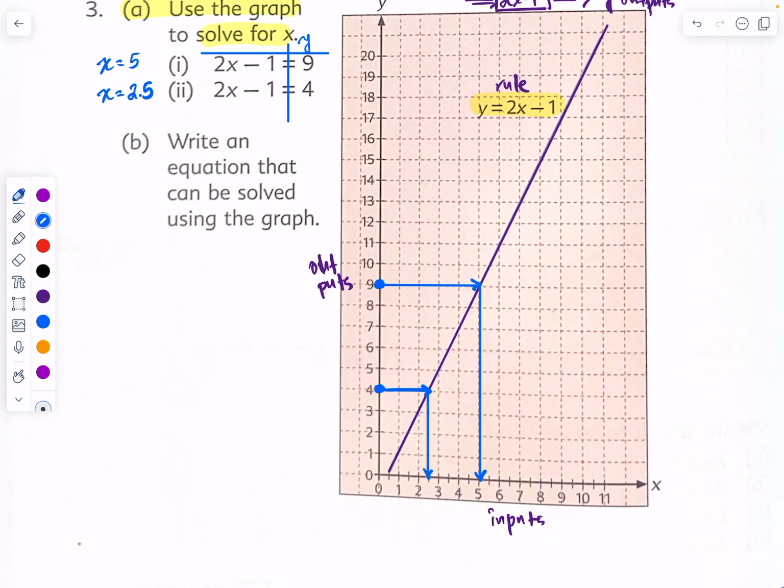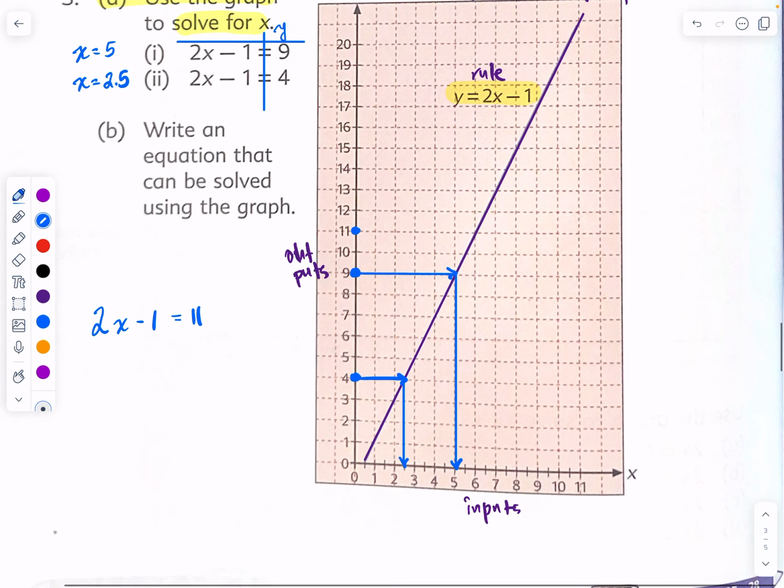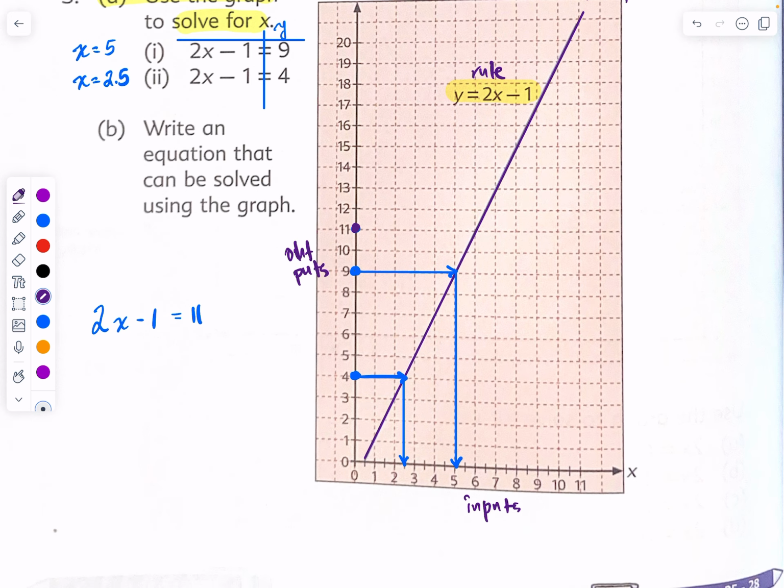Write an equation that can be solved using this graph. Well, we know the rule is 2x minus 1 equals, well, which possible values of y? Let's say maybe 11, right? So let's solve it. Let's pick up a different pencil. This is our 11. Let's go to the graph and drop down to find the corresponding value.